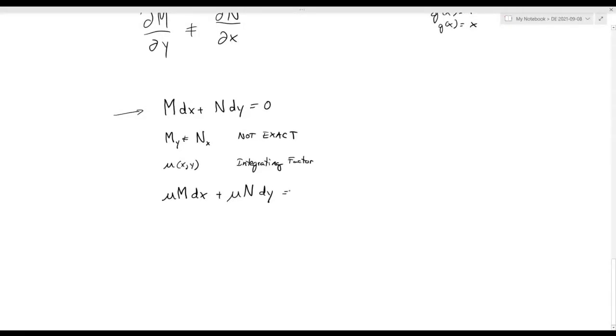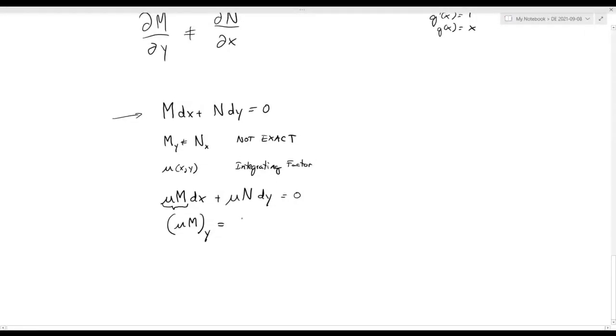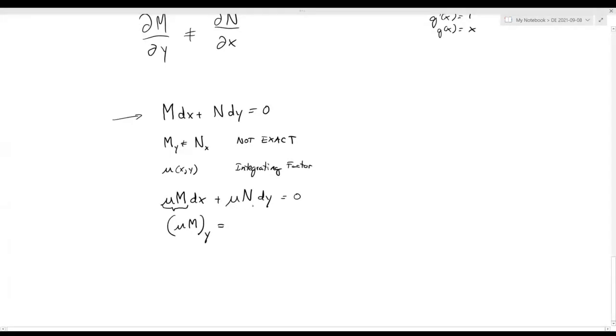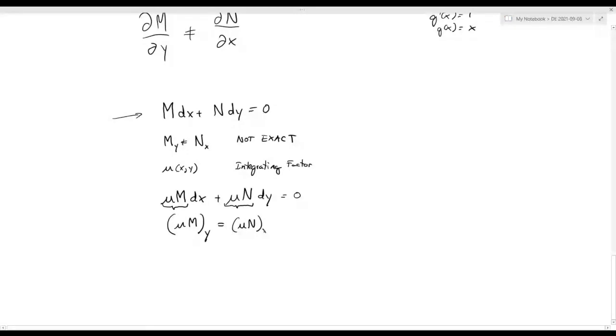And of course, on the right-hand side, mu times 0 is 0. So now we want this to be exact, meaning that the derivative of the thing that multiplies dx, with respect to y, should be the same as the derivative of the thing that multiplies dy, that's like our new N if you will, with respect to x. And hopefully they'll be equal.